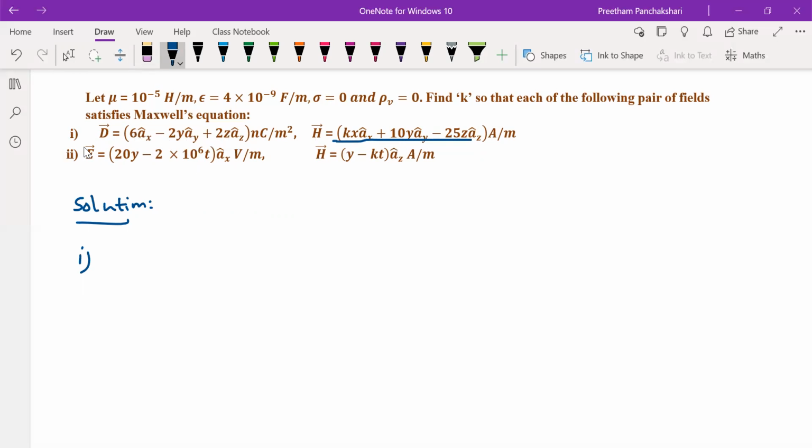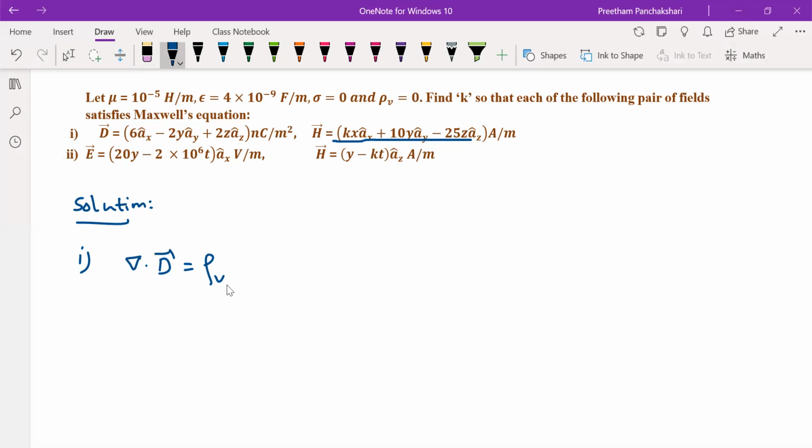So that means the first pair of fields doesn't vary with time. They only vary with the distance. That's why we have to choose the Maxwell's equations which do not contain the t variable. That means the first Maxwell's equation, del dot D equal to rho v.